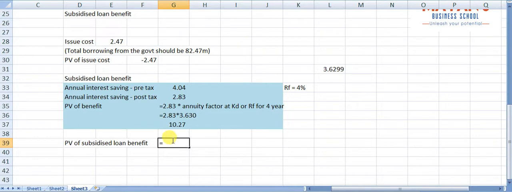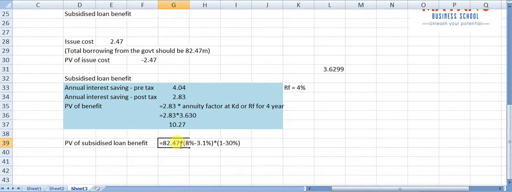Look at this. 82.47 is the loan amount. 8% is the normal borrowing rate. But this loan comes to us at 3.1%. This is pre-tax. Let's make it post-tax. 1 minus 30% post-tax.